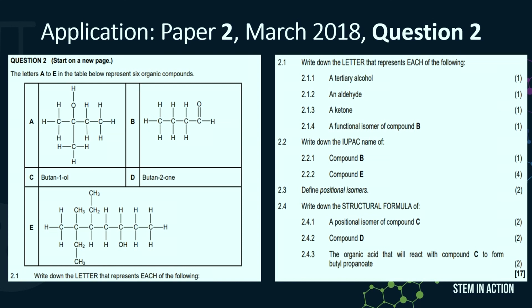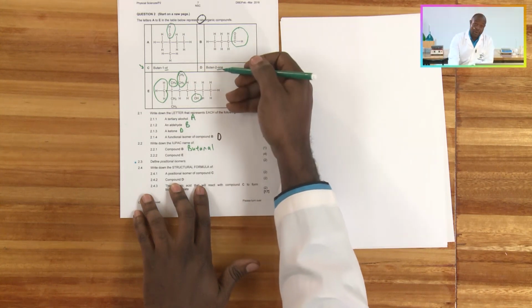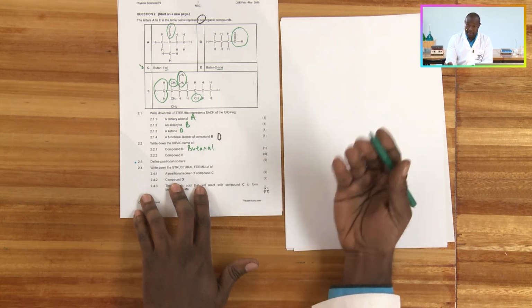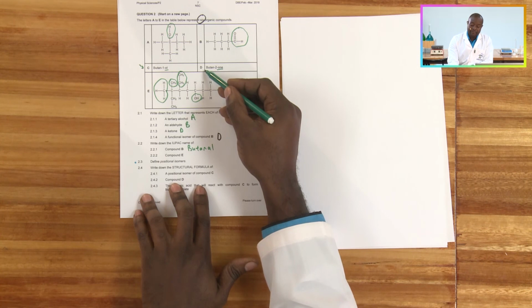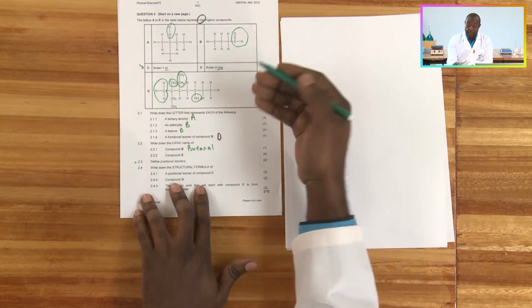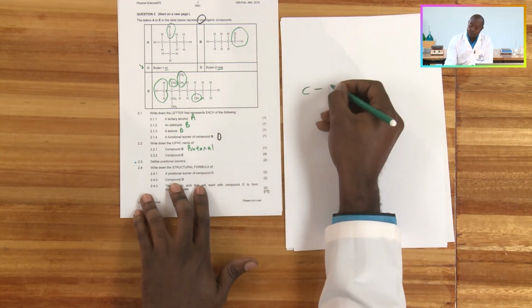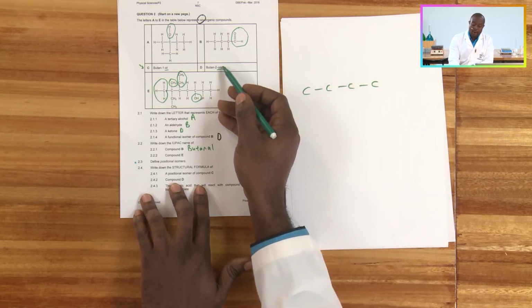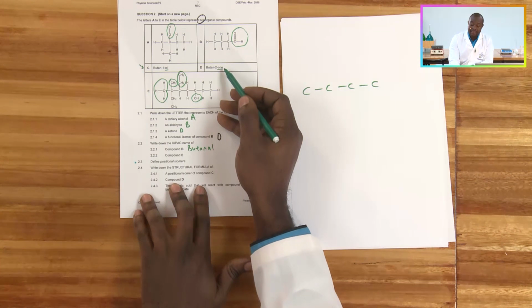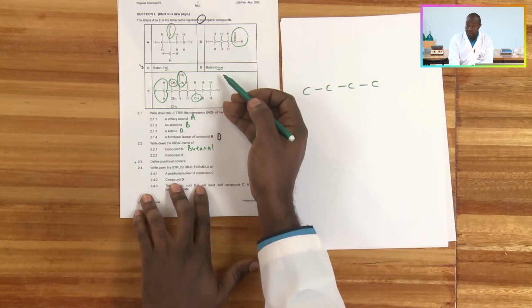2.4.2 says write down the structural formula of compound D. So this is compound D. We already wrote the structural formula. We're just going to go through it again fast. Firstly, we have to identify the chain, right? The parent name is but, so there are 4 carbons. And it's an on, and that is a suffix for a ketone.